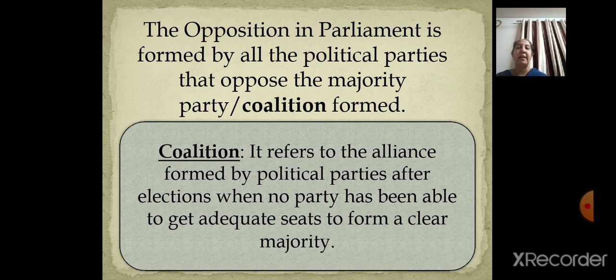When a single party cannot form a majority, then different political parties, those who have the same terms and conditions, come together and form an alliance, and that is called the coalition. The government formed this way is called the coalition government.